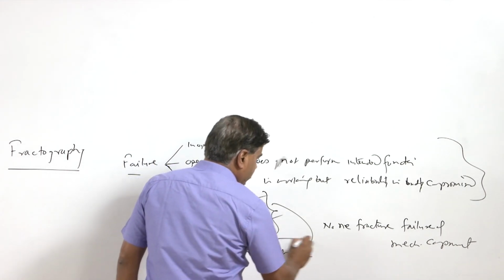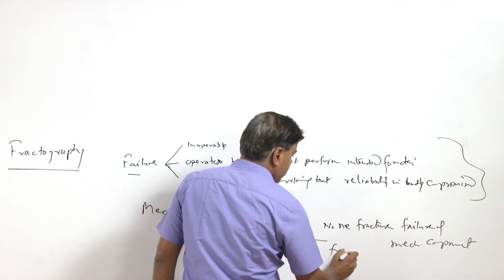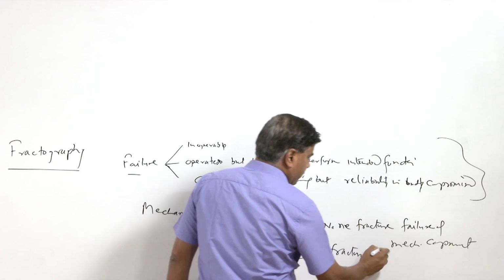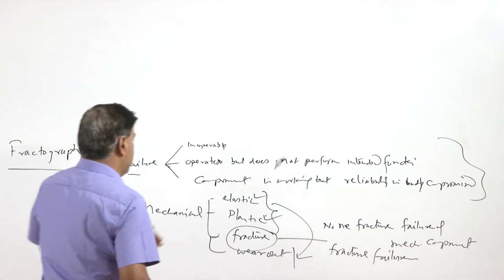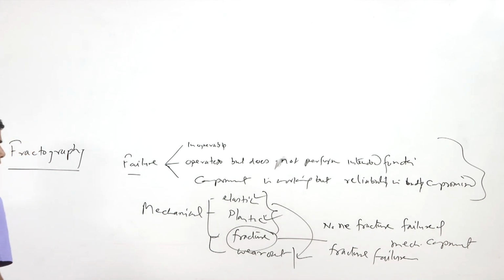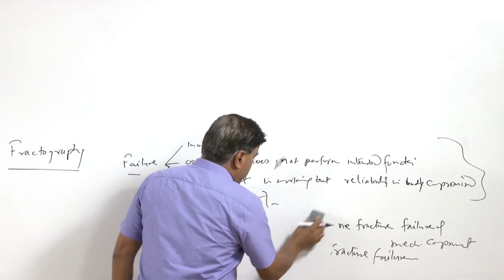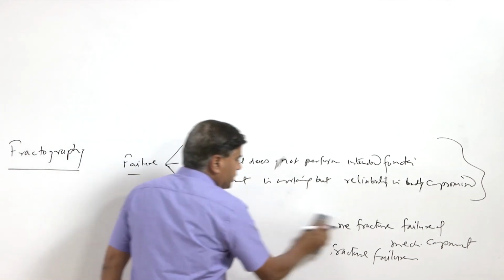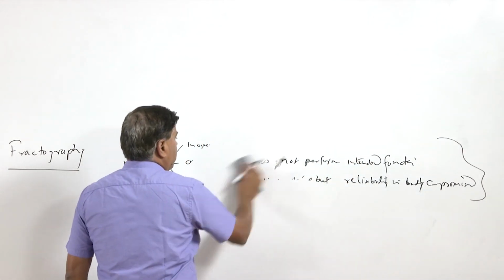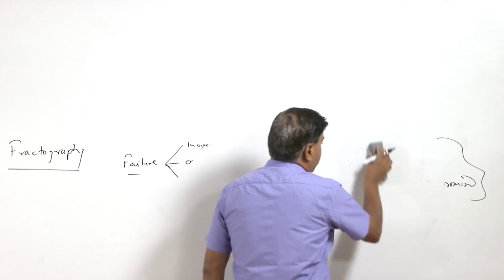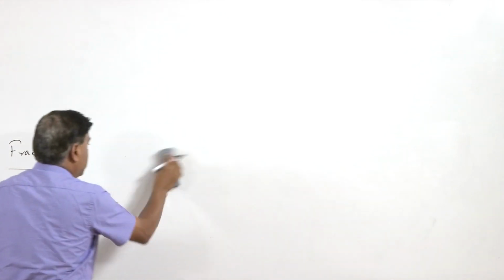This is the one where fracture or separation will be taking place. So, this will be the fracture failures, and the others are non-fracture failures like elastic and plastic deformation and wearing of the component. To study the fracture related failures, our approach has to be different than for the non-fracture related failures of the mechanical component.